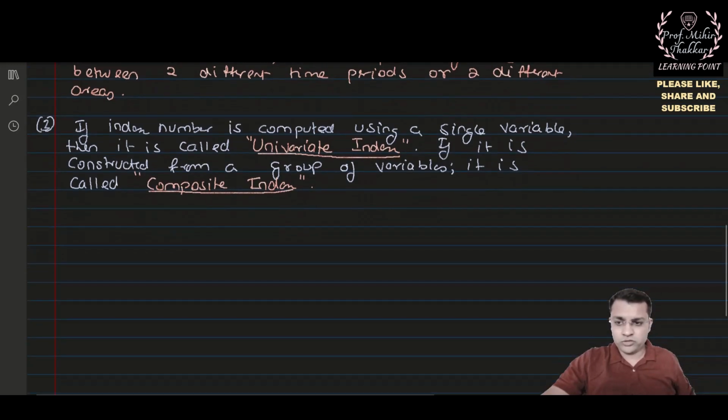Point number 4, there is an important terminology used in the index number called as the base year or base period, whatever you say, both are acceptable.